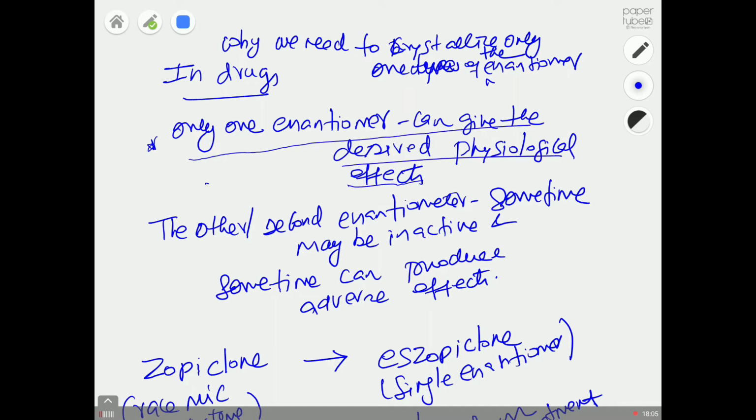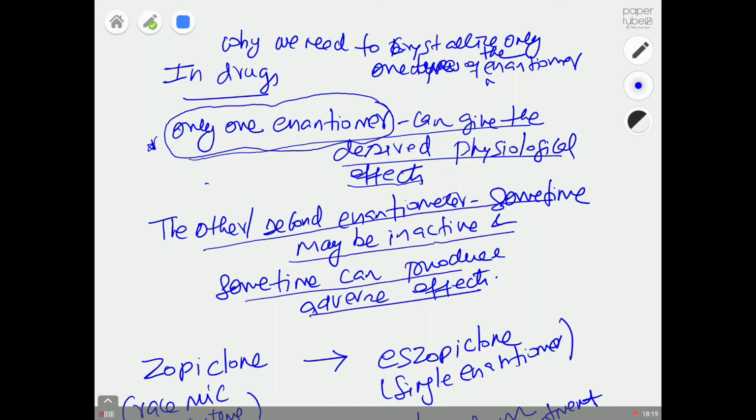If this is the case, it's better we crystallize only that enantiomer. The second enantiomer may be inactive, and sometimes it can even produce adverse effects. Which means we shouldn't have even a tiny percentage of the second enantiomer in the final product.